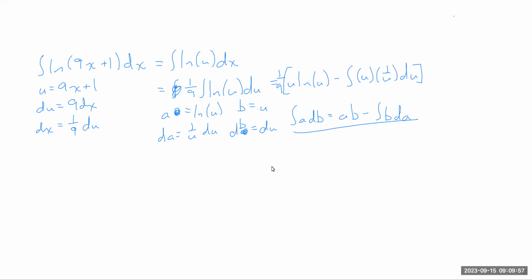All right, so now I have 1/9 times u times the natural log of u minus the integral of just 1, right? So now I get 1/9 of u natural log of u minus u plus c. I messed up with that 1/9, didn't I?